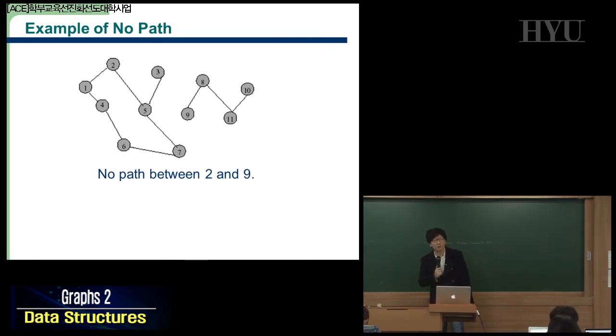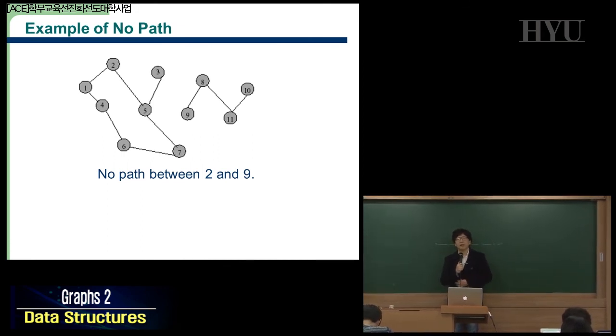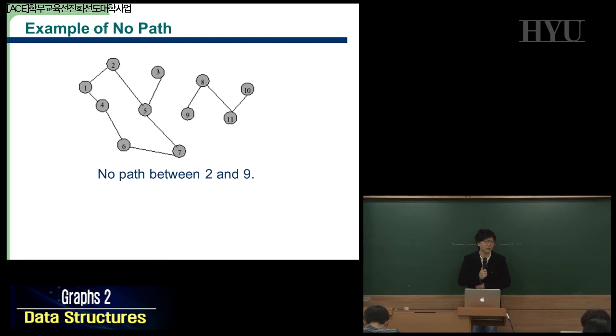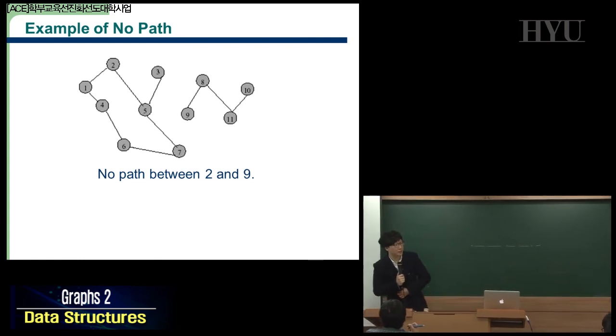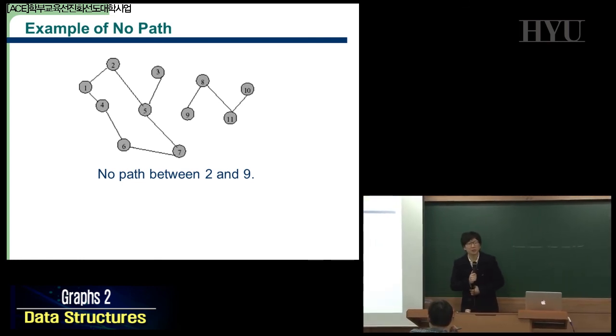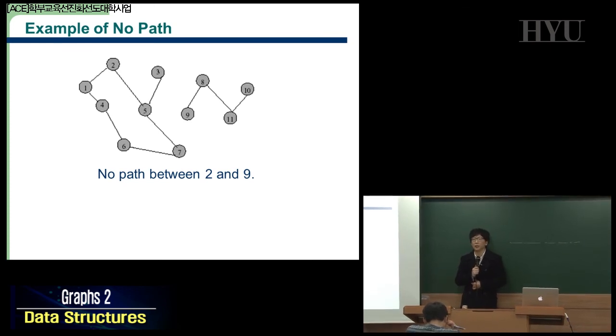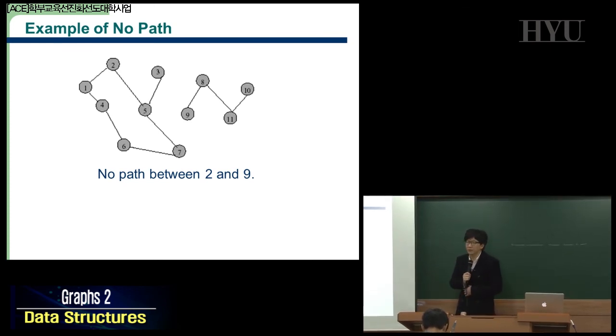Maybe you need to modify your path searching algorithm or spanning tree algorithm so that when you find some node is not covered, you print out a message like false, your graph is not connected, or something like that. That might be one approach, modifying the existing path finding algorithm to find out if some nodes are not connected.